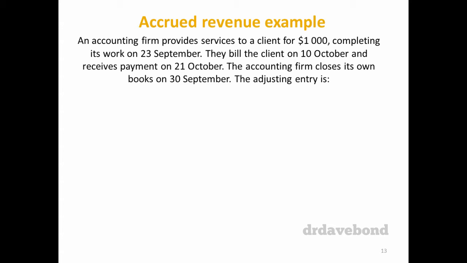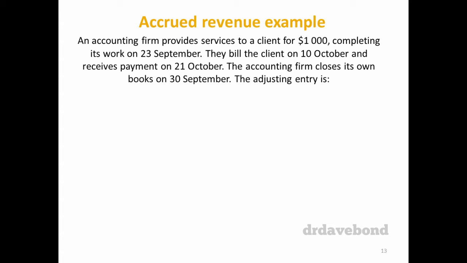So we've got the 23rd of September, the 30th of September, the 10th of October, the 21st of October. So completed work, financial year end, bill sent, paid.